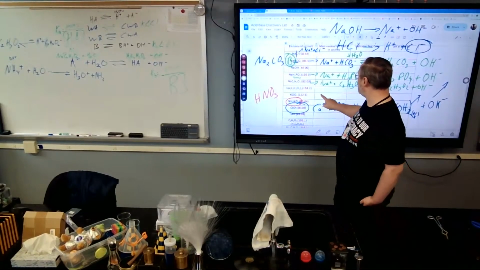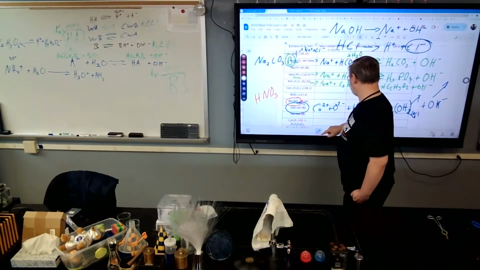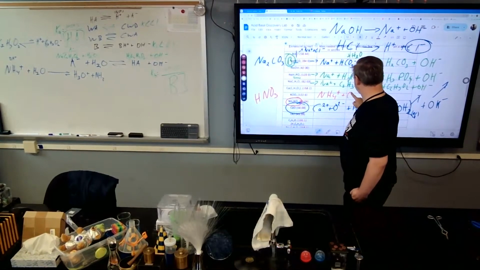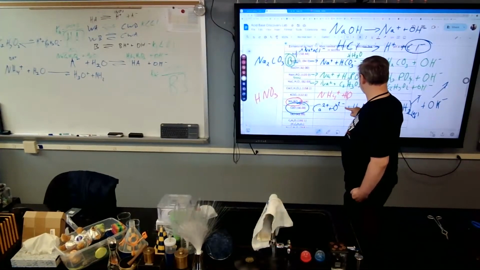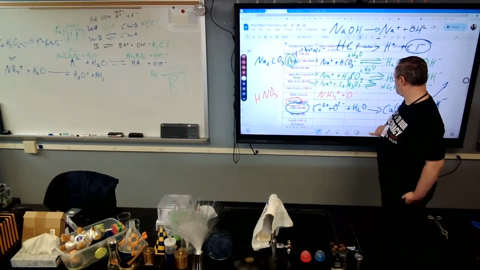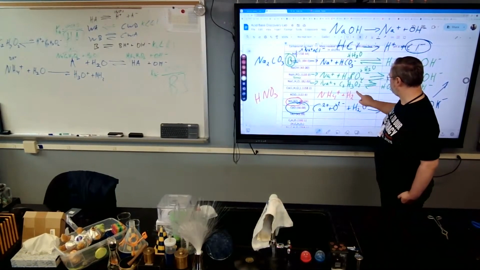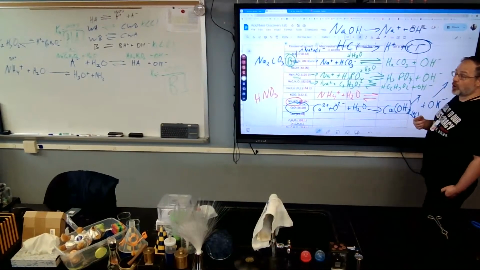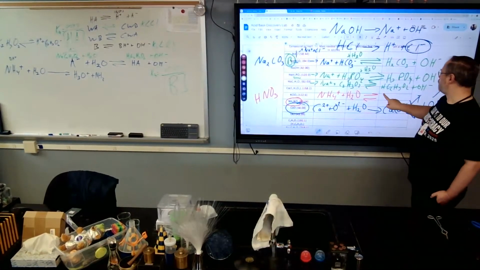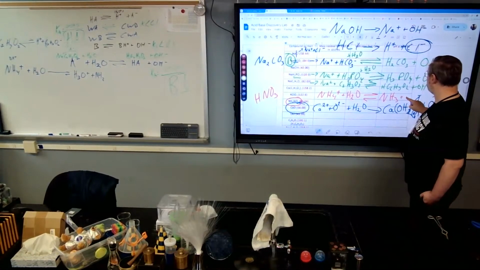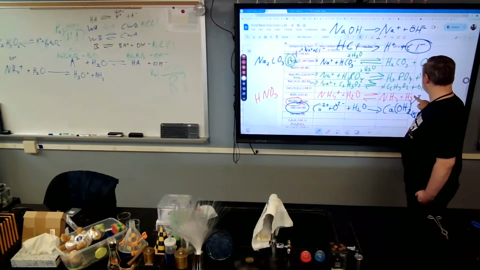However, the NH4+, when placed in water, should donate its proton, forming the undissociated NH3 and H3O+.